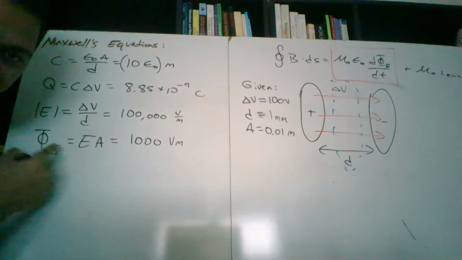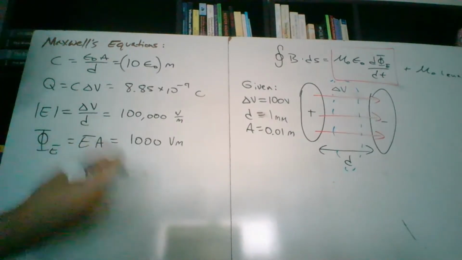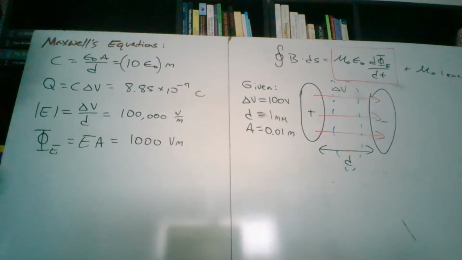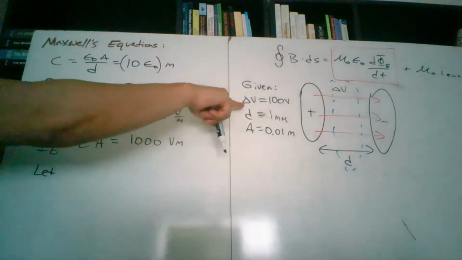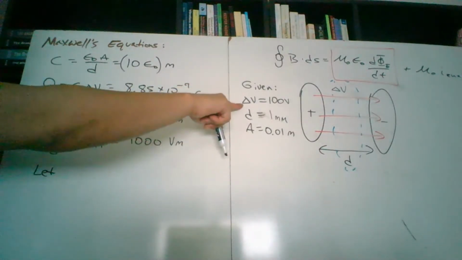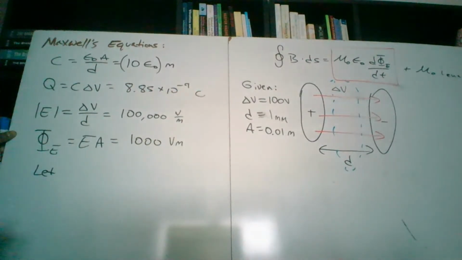Now, if it's just the flux and there's no change, then we shouldn't get any current. What we're going to do, though, is change the flux as a function of time. We're going to change the voltage, so we'll be changing the overall flux.